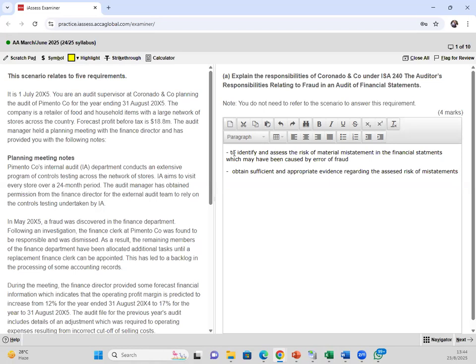Having assessed the risk, they need to gather more evidence. So they need to gather sufficient and appropriate evidence regarding the assessed risk of material misstatements and design appropriate safeguards.